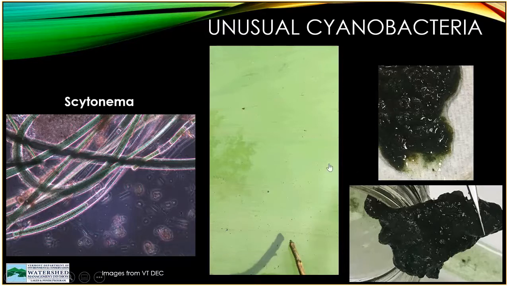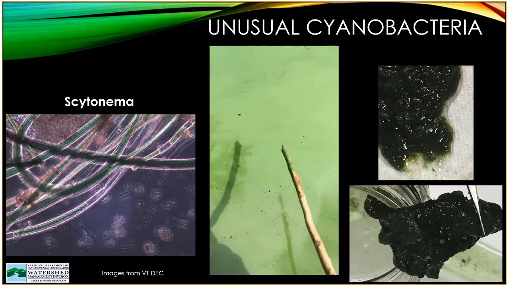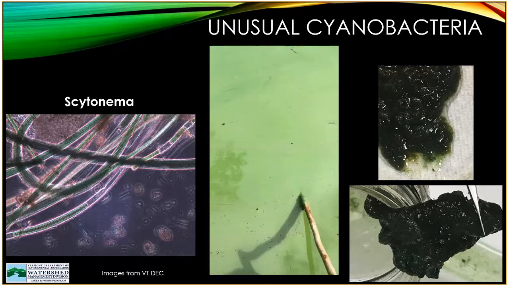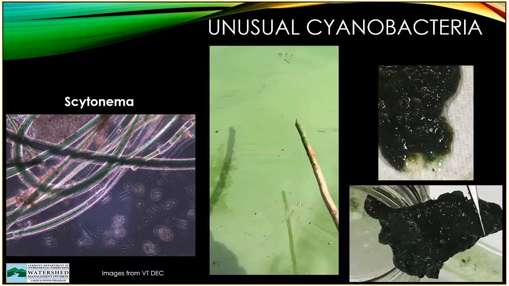Instead, it looked like floating paint on the water. And then they stuck a stick in it, and you can see it did not act like paint on the water. It did coat the stick, give it a green coloring, but the mat started to come up out of the water as though it were a filamentous green algae, and then it broke. All right. So explore when you see unusual things.